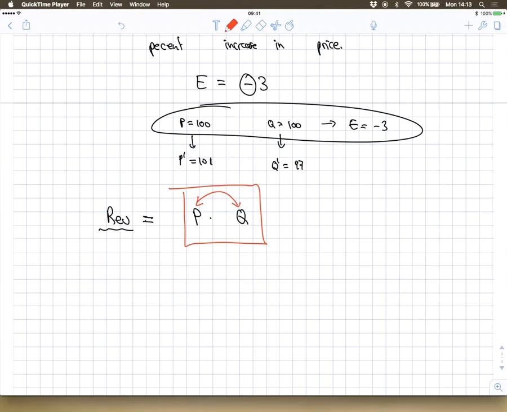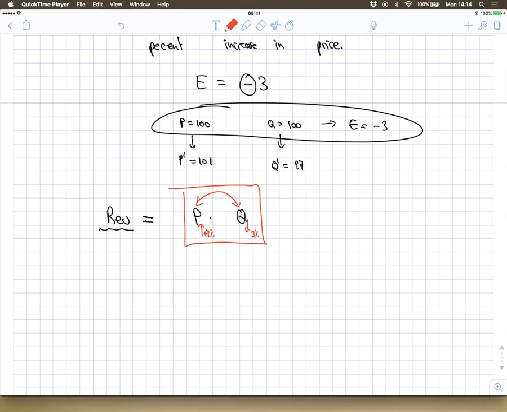What's going to happen to your overall revenue if price goes up 1% and quantity goes down 3%? What's going to happen to your revenue? Louisa? How can you tell that? It's a good question. The revenue will decrease. The revenue will have to decrease. But the question is, how can you tell that?